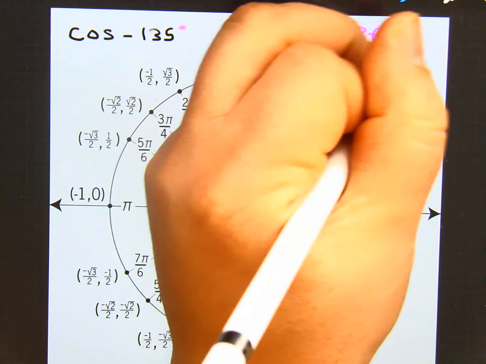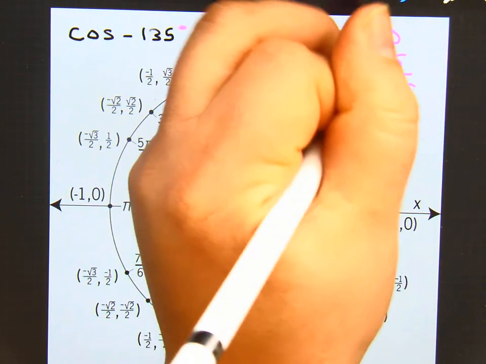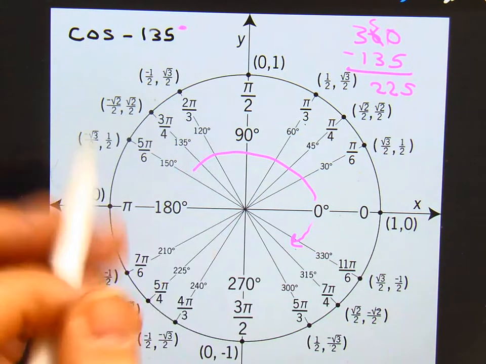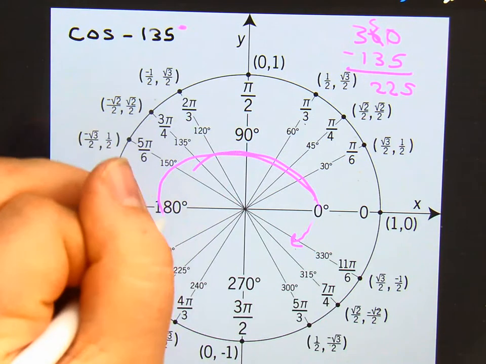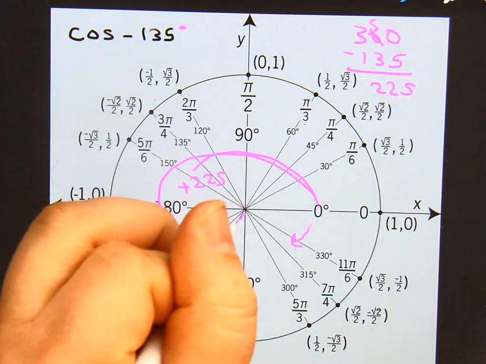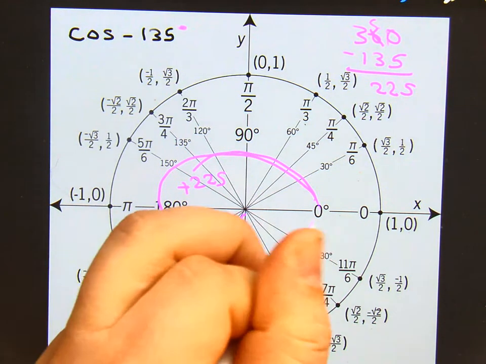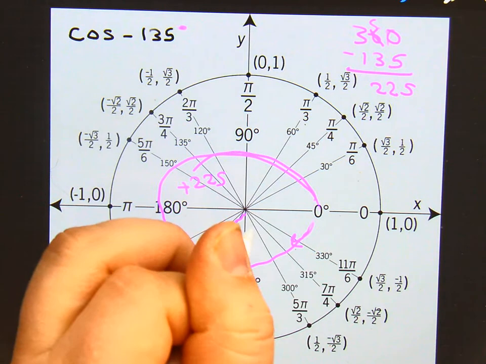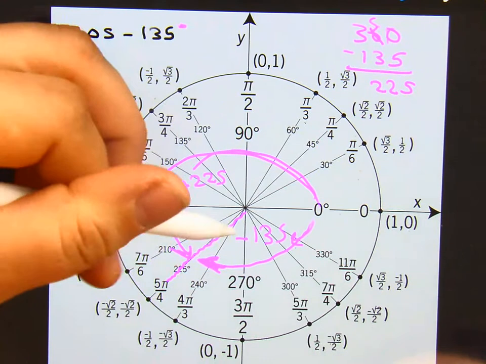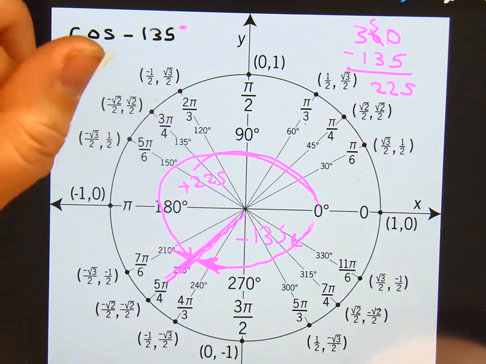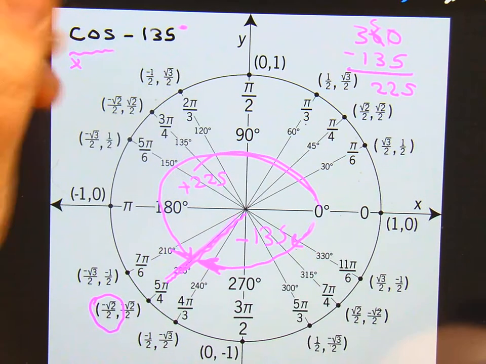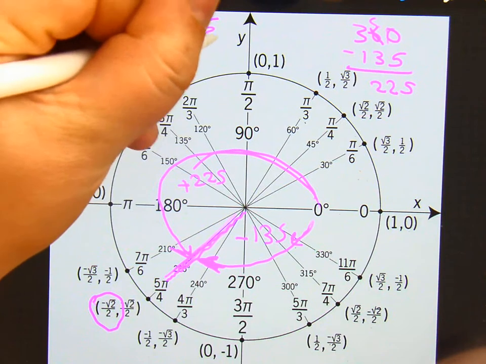So I'm going to subtract these, and I get 225, and that should add up to 360, and it does. So a positive 225 gets you to the same line as a negative 135. I want a cosine at that point, so I'm going to look at my x value. So my answer is negative square root 2 over 2.